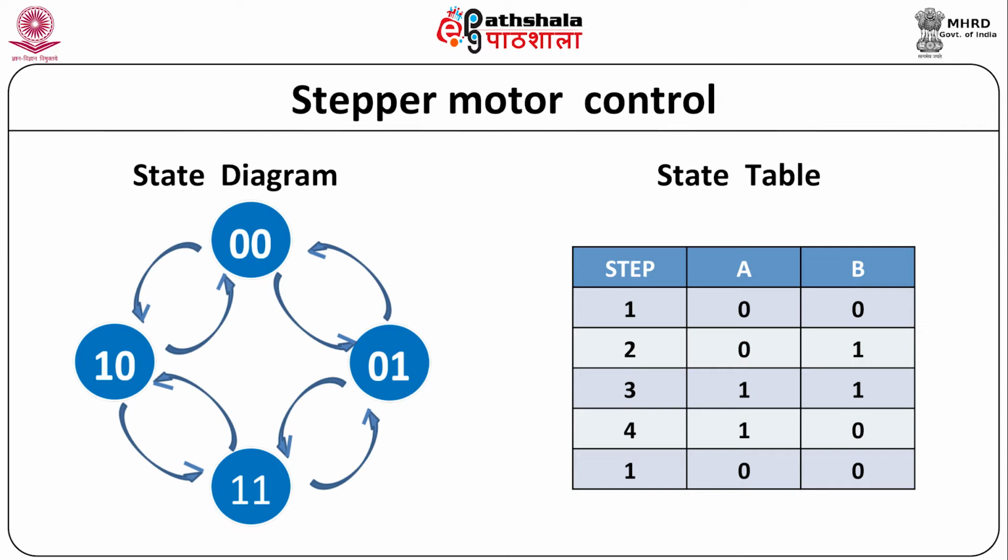For anti-clockwise rotation, when D is equal to 1, the counter generates the 00, 10, 11 and 01 sequence. This sequence must be repeated again and again for continuous rotation.